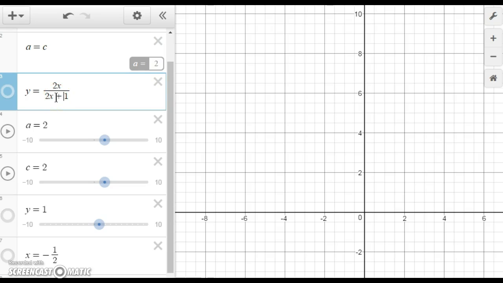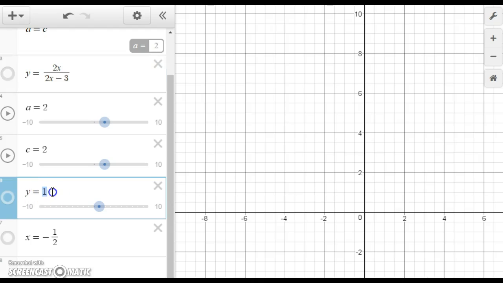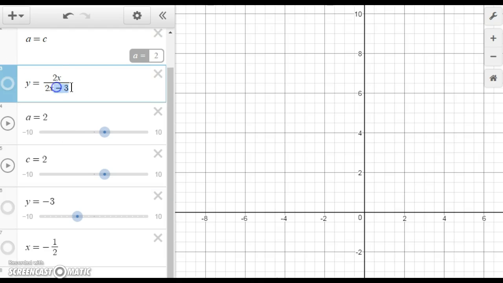For now, it seems like perhaps this 1 is from this plus 1, maybe. So let's say I change this to negative 3. Then maybe my y is going to be at negative 3, maybe, maybe not. We'll see. But if not, then whatever value there is there does not really affect my horizontal asymptote.